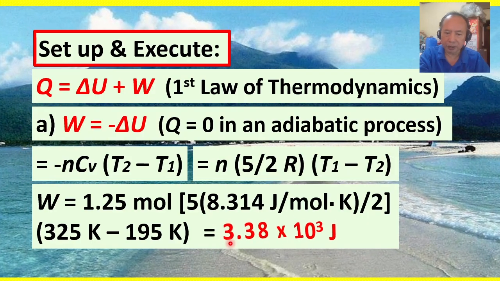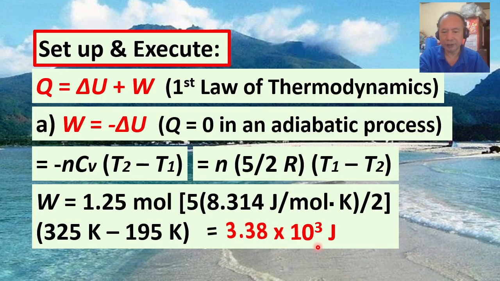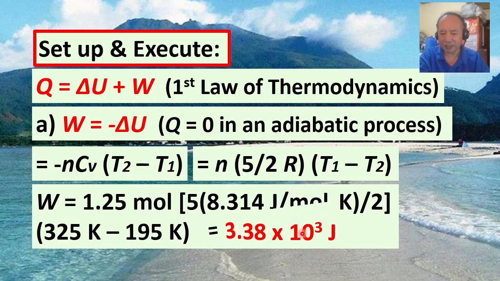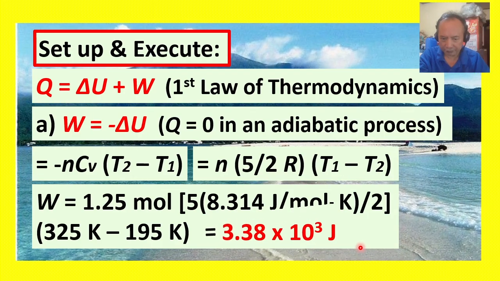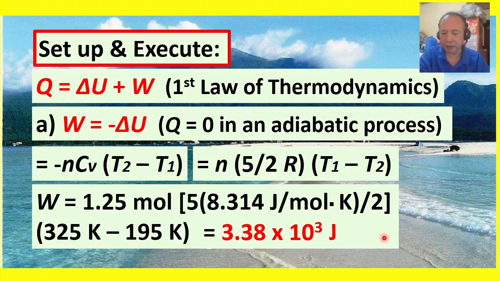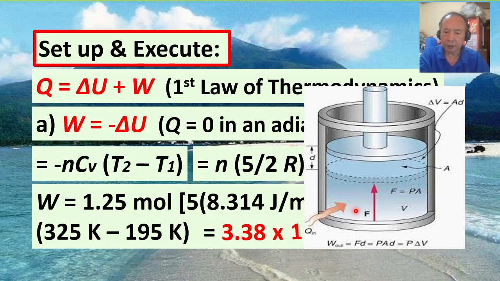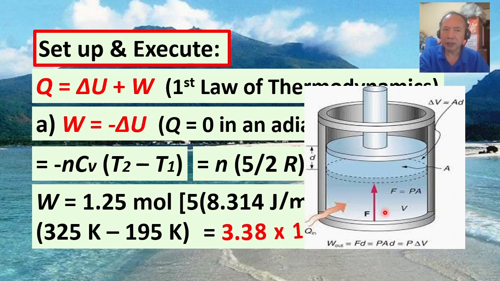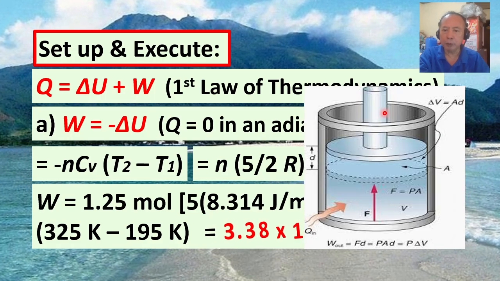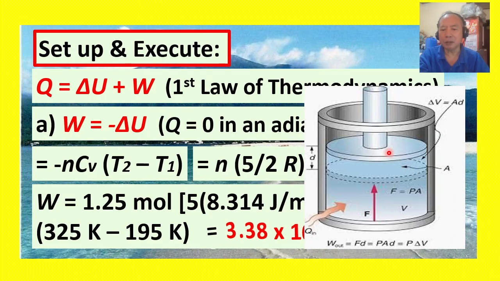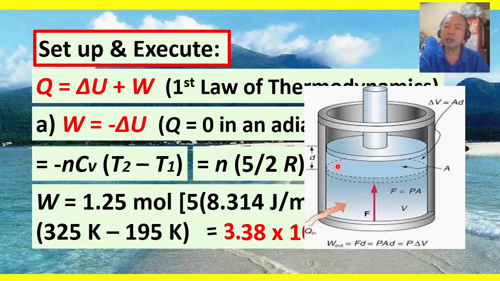It's understood that capital W here has a positive sign, if only to emphasize that the work done is by the system, as earlier explained using our diagram. Since hydrogen gas in this cylinder with a movable piston is allowed to expand, it exerts force on the piston, pushing it upward.